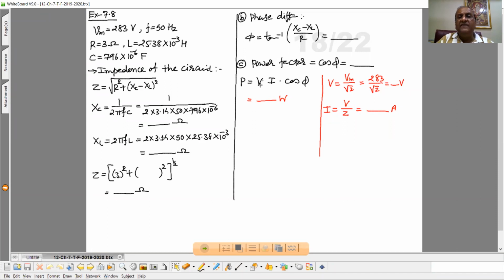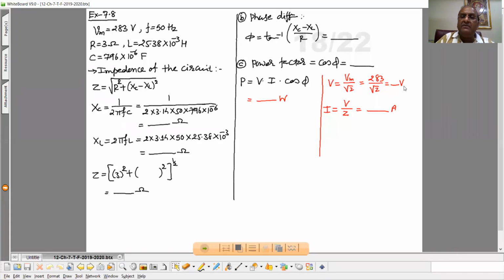Then power. So power P, that is V into I into cos phi. Cos phi is calculated here. But voltage, so peak voltage is given to you. So RMS voltage, that is peak voltage upon root 2. So 283 by root 2, you will get RMS voltage.